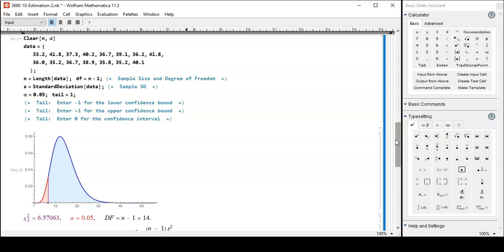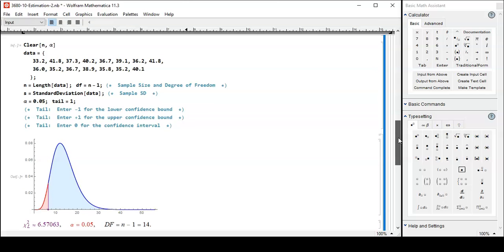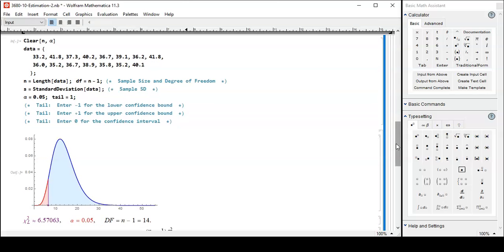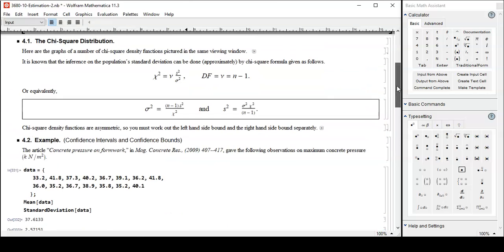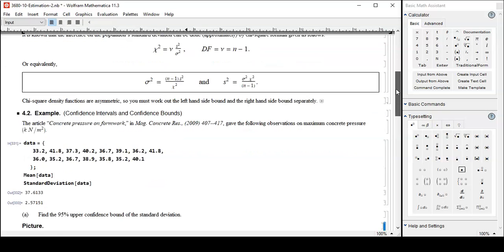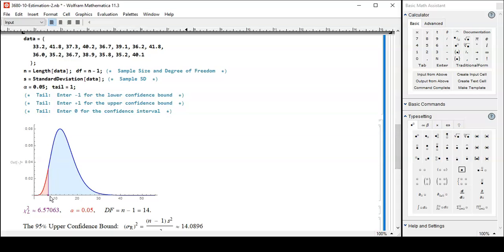This is for the chi-square distribution. And then remember this inverse relation. So we have to find out the left-hand side lower bound for chi-square.